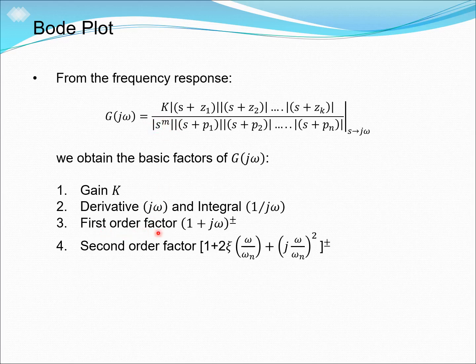And we have first order factors, and a second order factor. If we have s power of 2 plus constant s plus another constant, that is going to be our second order factor. So assuming that our frequency response can consist of all these factors: the gain, derivative, integral, first order factor, and second order factor.